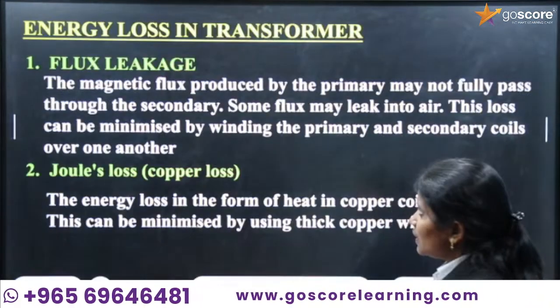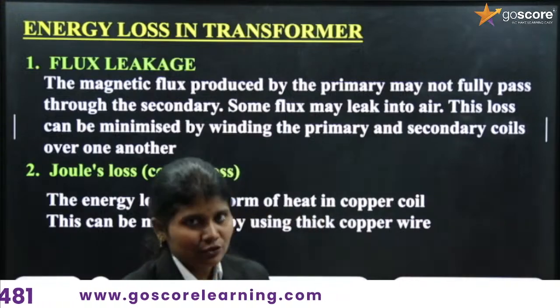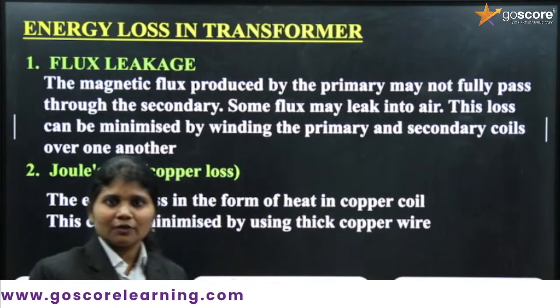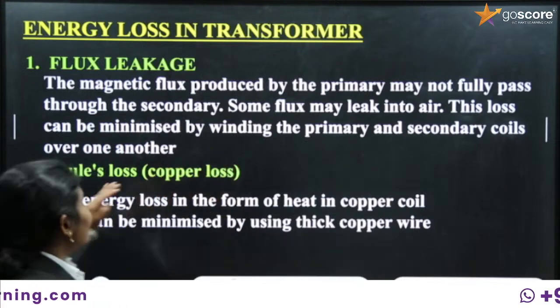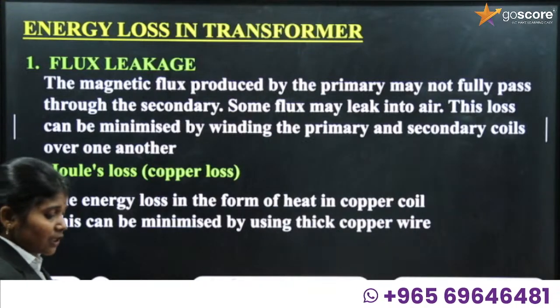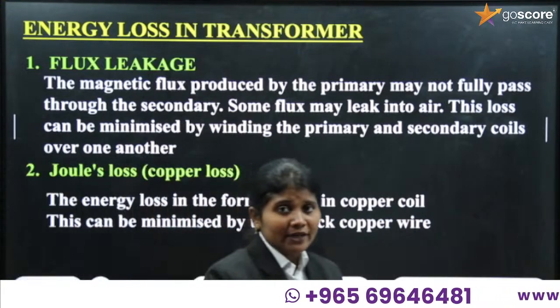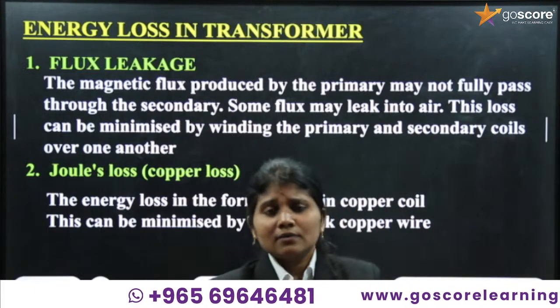Next one, what are the losses occurring in a transformer that is not ideal? These are the losses for the transformer. What are the losses? First one is flux leakage. Flux leakage means, see here, in the primary winding we are getting some flux, but that total flux is not passing through the secondary coil.